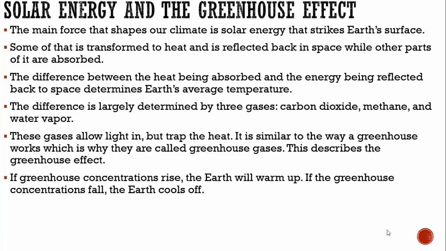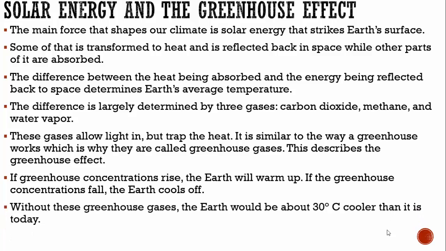If the greenhouse concentrations fall, the Earth cools off. But you've got to find a nice medium, because without these greenhouse gases, the Earth would be about 30 degrees Celsius cooler than it is today, and it would be frigid temperatures all over the place. If you live in an area where they use Fahrenheit, or you're not familiar with Celsius, that comes out to about between 85, 86 degrees Fahrenheit, if my calculations are correct.